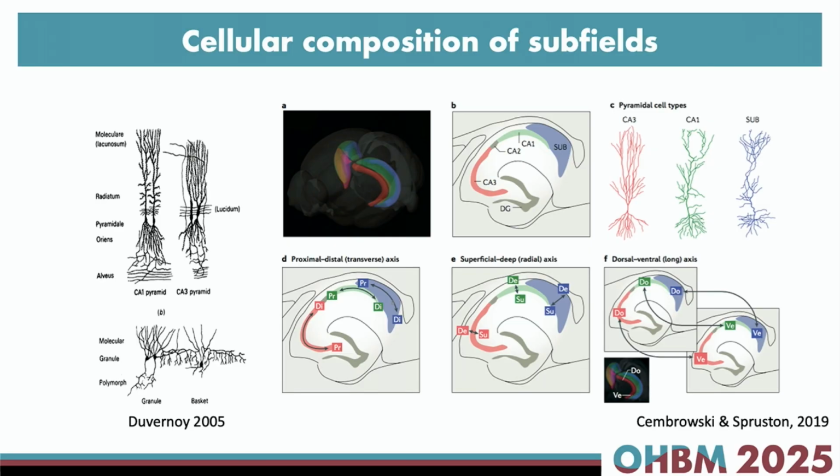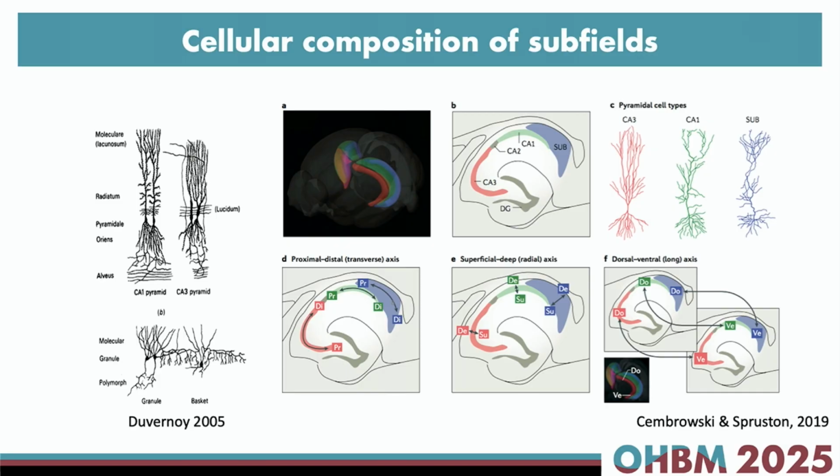So along that transverse axis, we know that function will vary as you move from dentate gyrus to CA3 to CA2 to CA1 to subiculum, as well as you move from the outer part of the hippocampus to the deeper layers, and I'll show you some examples in a few slides of those different layers.